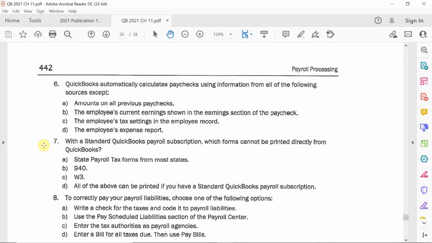You can even have businesses in multiple states. So in this case, printing out that information is unavailable. Again, 940 is standard because that's federal, and a W-3 form, yes, that should be available. You'll be able to get any of these forms directly from irs.gov, except for the state one.